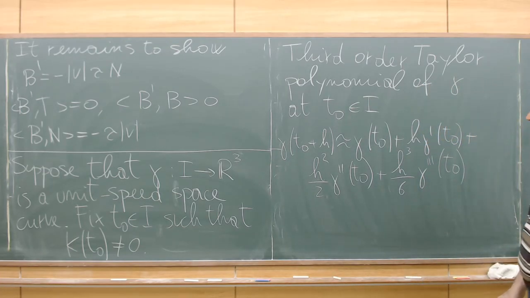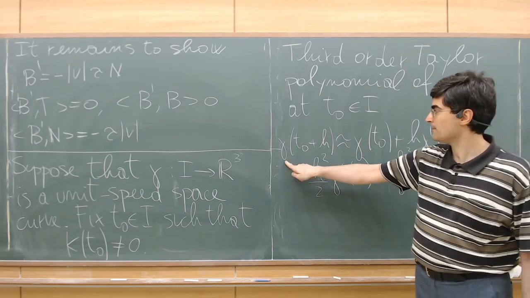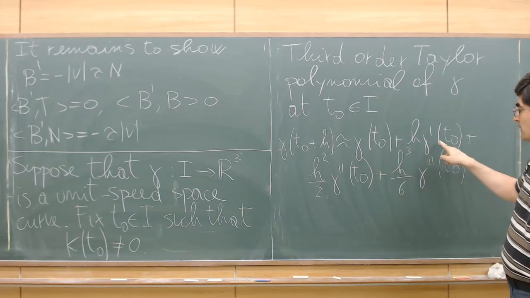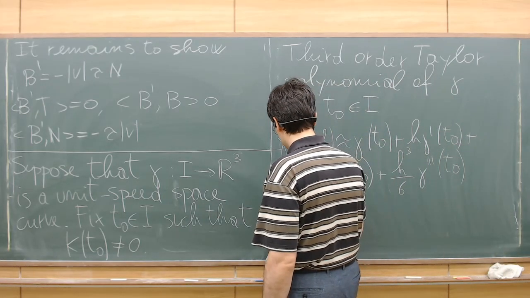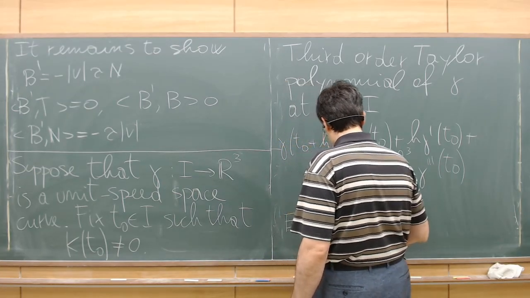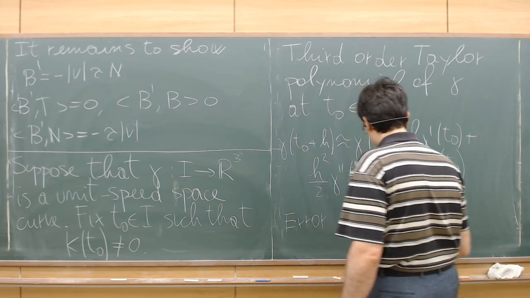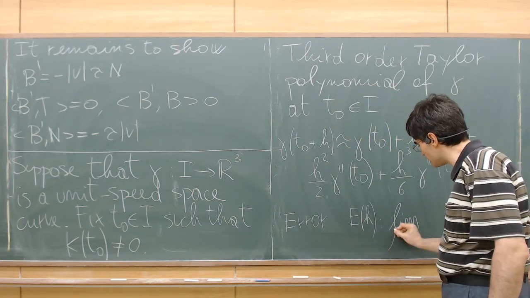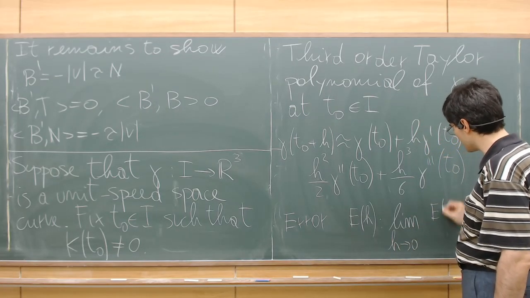I want to say again that approximately equal means that gamma(t0 + h) is equal to the sum of these four terms plus an error that has been omitted, which satisfies this identity.